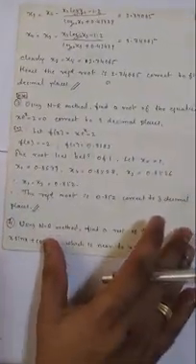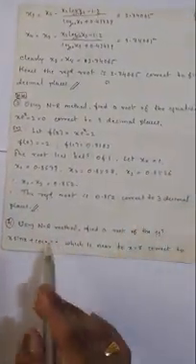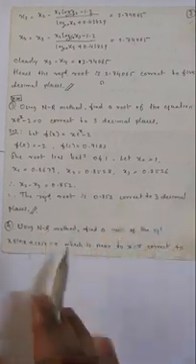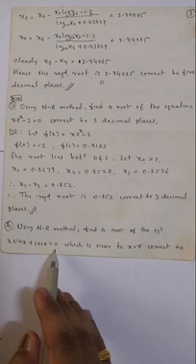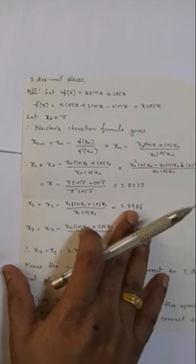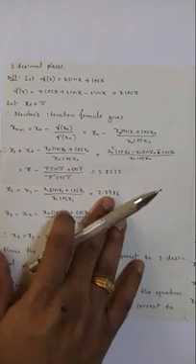Now here is one problem. Using the Newton-Raphson method, find a root of the equation x sin x plus cos x equal to 0, which is near x equal to pi, correct to 3 decimal places.